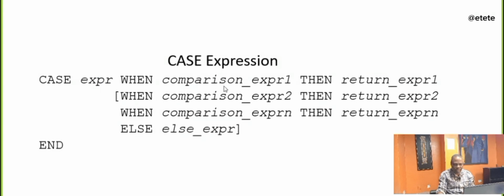So what you are saying is that if what this returns is the same thing as this, then give me this output. This syntax is telling you that this is optional. You can decide to add many other ones to compare with this, and we are going to see practically how that is done. That is for the case expression.